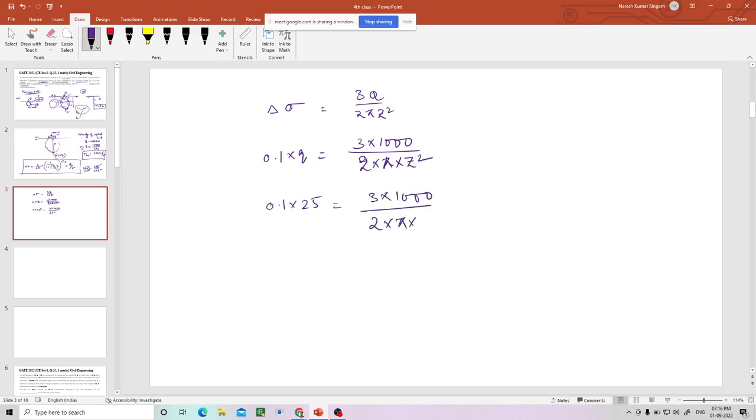Can someone calculate using a calculator and tell me what is z square and z? You can give me the value of z.